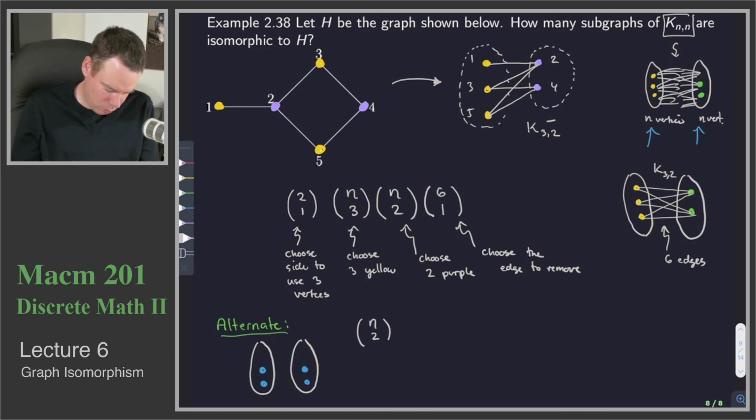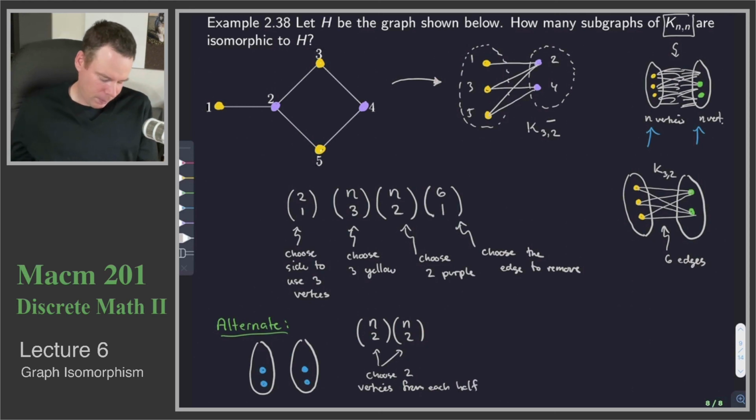So N choose 2, N choose 2. So we're going to choose 2 vertices from each half. And then we get all the edges that connect those vertices. So those are all given to us.